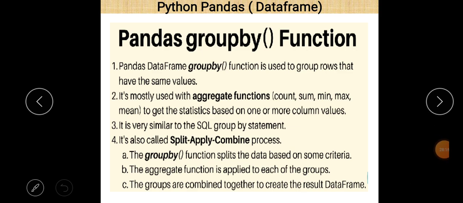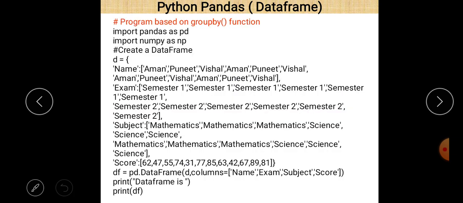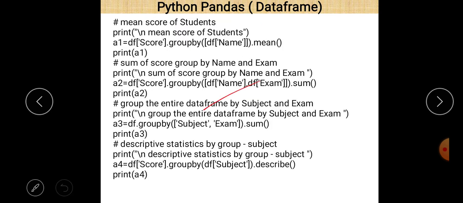And in exams, most of the questions asked are related to the group by function. Group by is a very important function, always remember that, and it will definitely be asked in your examination. So just execute the program related to the group by function. I hope now you are able to understand the concepts of group by, quantile and percentiles.